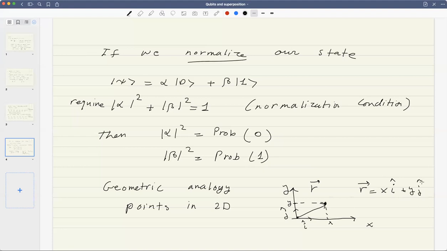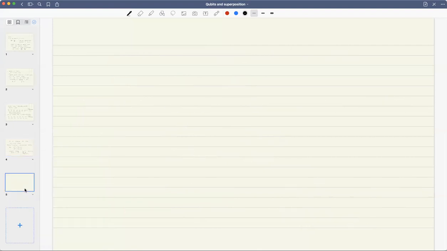So for a point on a two-dimensional plane, x and y are real numbers. And then if, let's say, the length of that vector is 1, which is analogous to the normalization condition, then those points are going to be on a circle around the origin.